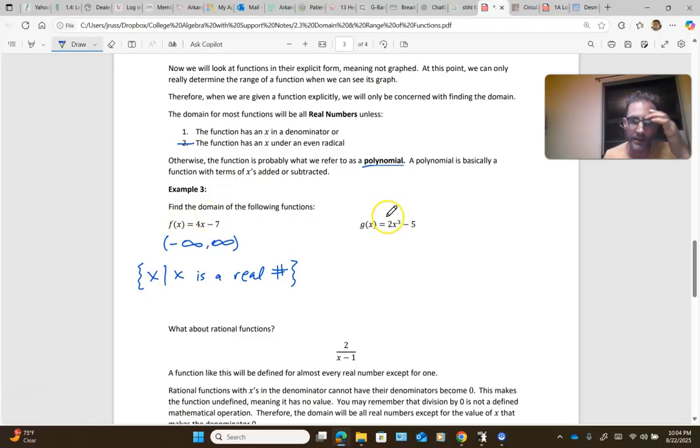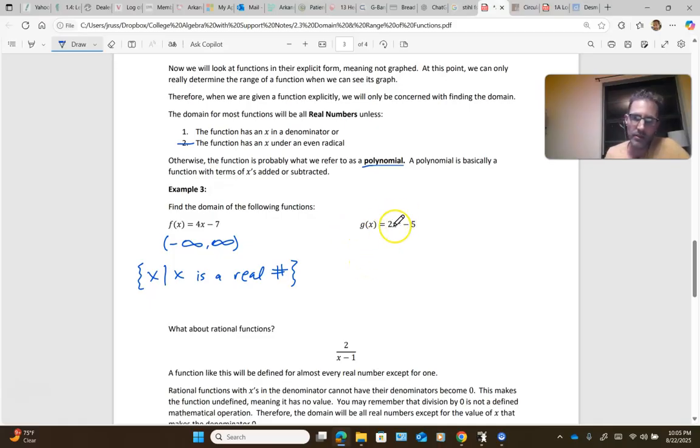And the same thing for this function g of x as well. This is actually a cubic polynomial. So guys, you'll need to remember this throughout the course. The domain for any polynomial is all real numbers. That just means that a polynomial will accept any real number and always have an output.